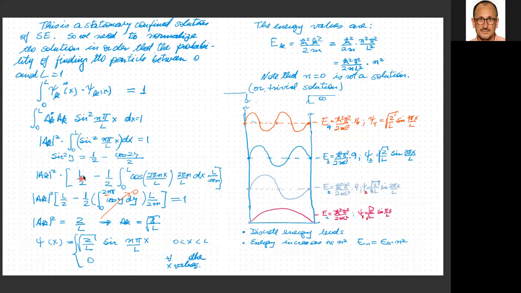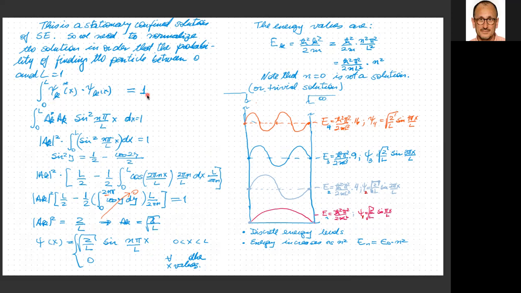This doesn't come out of the algebra; it is given by this expression. So I can assume freely that A is the square root of 2 divided by L. If I plug it back in here, phi gives me 1.